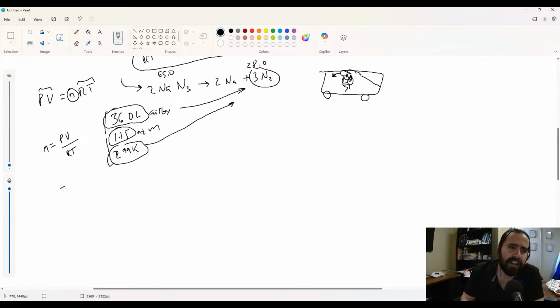Now, if I do that and start plugging things in, I have a pressure of 1.15. I have a volume of 36, right? I divide that by my R, which is 0.08206, right? And then we have our temperature, which is 299, all right? If I plug all these things together, so I plugged in P and V and R and T, this will give me the total amount of moles, which in this case is 1.69 moles.